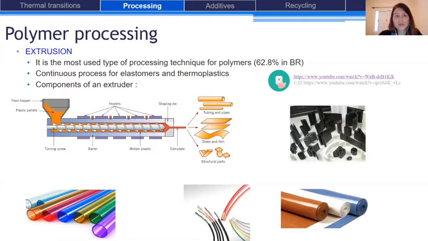Extrusion is the most used type of processing technique for polymers. In Brazil, almost 63% of the products are produced by extrusion, and it is a continuous process used for elastomers and thermoplastics. An extruder is composed of different parts. There is a feed hopper in which you place the polymeric pellets and the additives, the fillers, and so on.